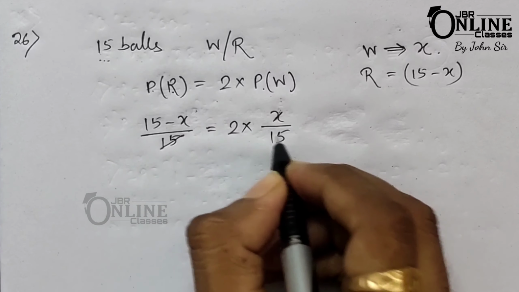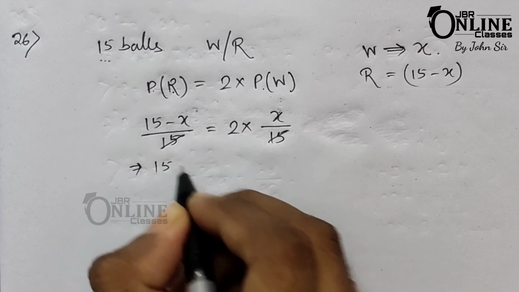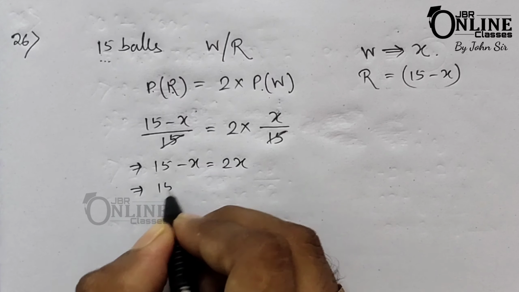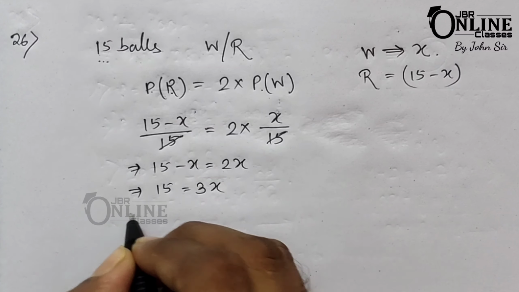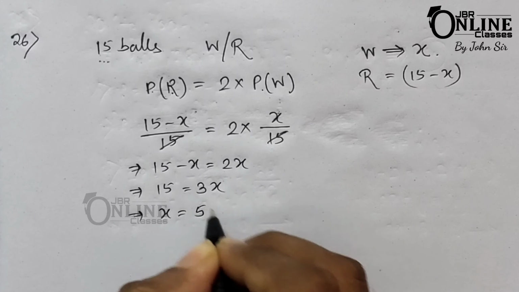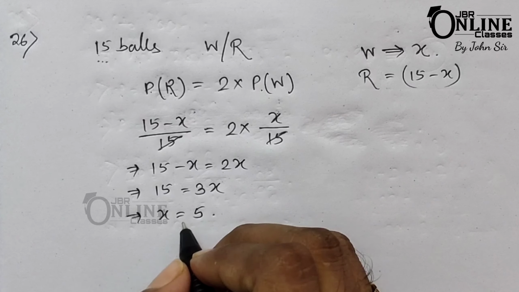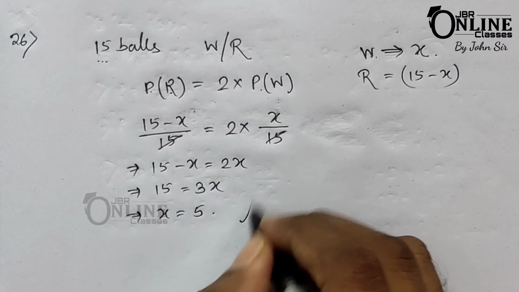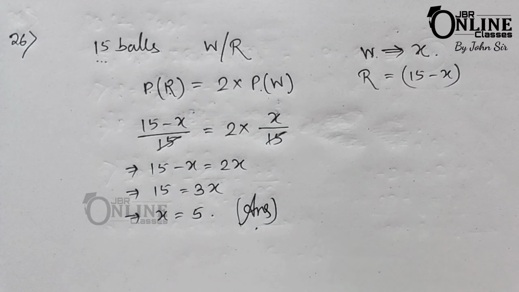Now 15 cancels out, so 15 minus x equals 2x, then 15 equals 3x, so x equals 5. That means the number of white balls equals 5. That is the answer.